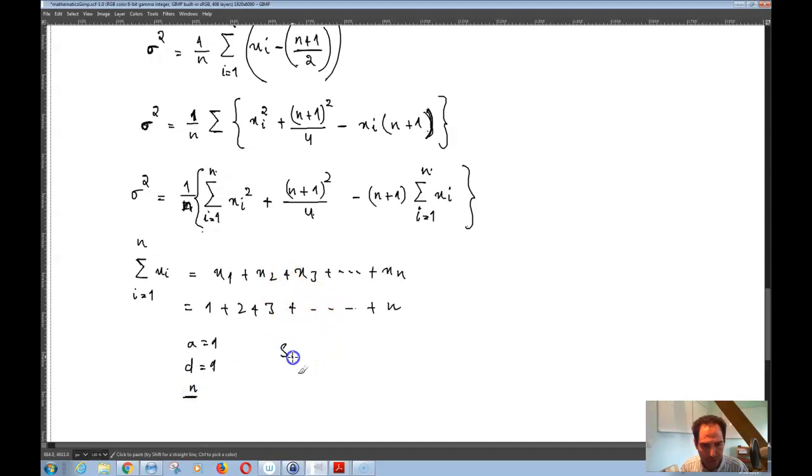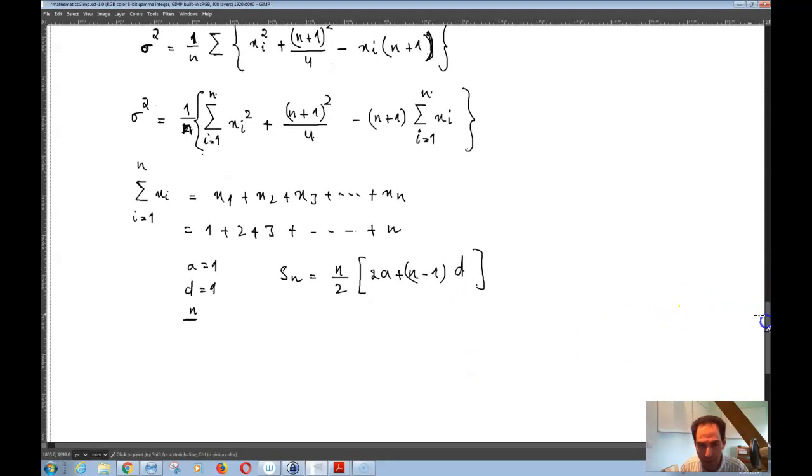And we said that in the case of an arithmetic progression, S of n is equal to n divided by 2 times 2a plus n minus 1 times d. Then you can calculate this as S of n equal to n divided by 2 times 2a, which is 2, plus n minus 1 times d, and d is 1, so plus n minus 1.